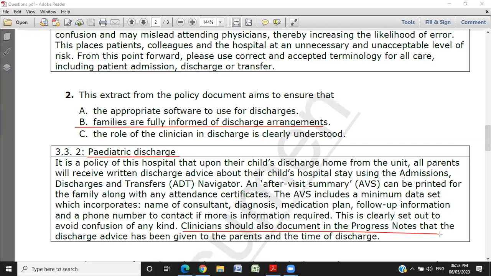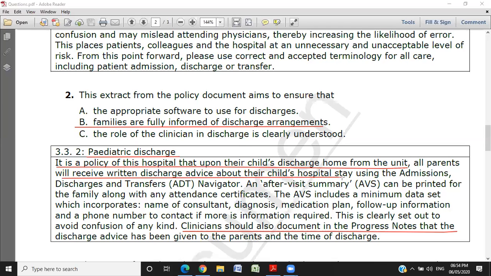So it is mainly for the clinicians who are involved in the discharge procedure. Why is it written? So here it says, it is a policy of this hospital that upon the child's discharge from the unit, all parents receive written discharge advice about their child's hospital stay.